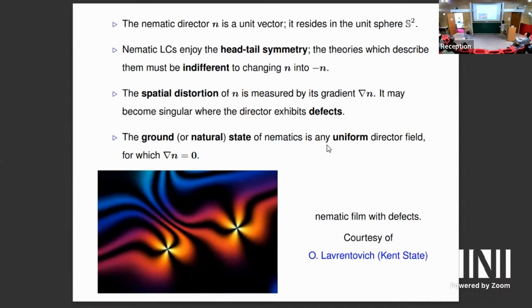And the spatial distortion of the director is measured by its gradient, and it may become singular where the director has defects. And here there are two defects which are concentrated in isolated points.